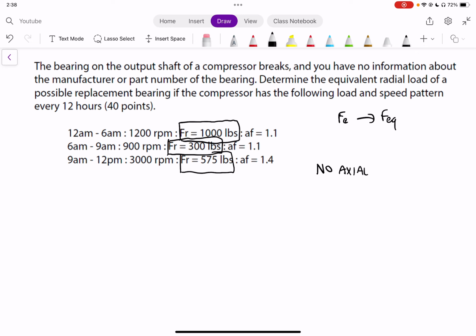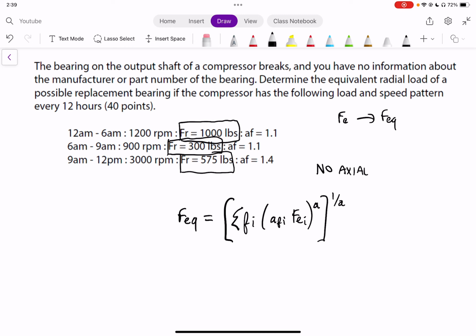What we're going to do is make a table to solve for all the values that we need. We know that in our question, it has a pattern that every 12 hours does the same thing. So we're going to write that FEQ is equal to the sum of Fi, which is a time fraction, times Afi times FEi, all to the power of a, and that's all to the power of 1 over a.